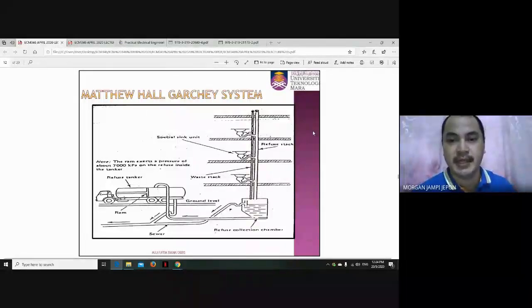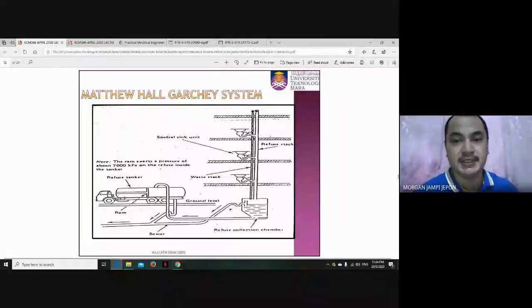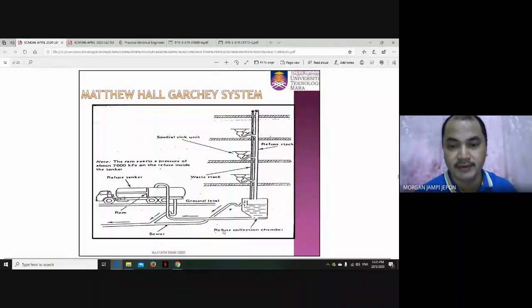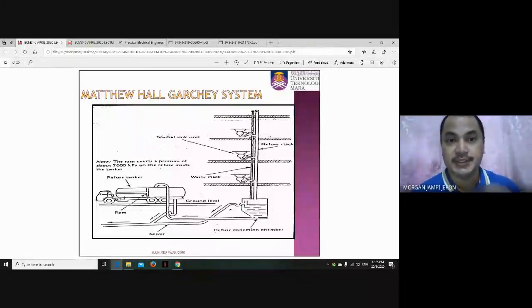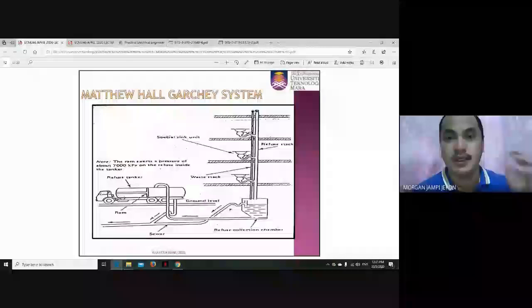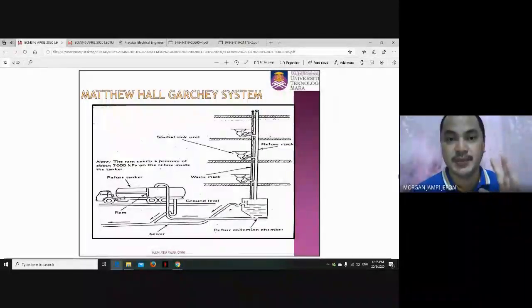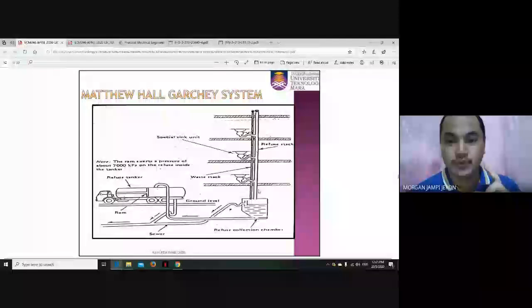So this system actually uses a special sink unit. This sink is placed in the kitchen, and it is connected to the refuse tank. On the ground floor, we have a refuse collection chamber. So all the rubbish in the building which is using this Garchi system is flushed through this special sink unit into this refuse collection chamber.